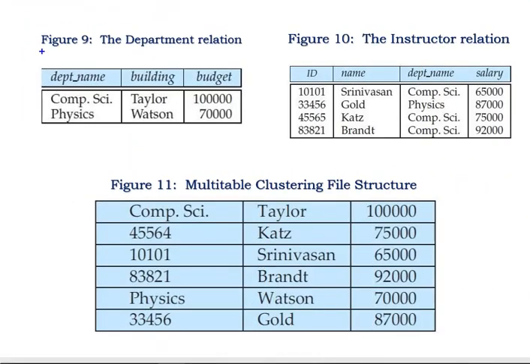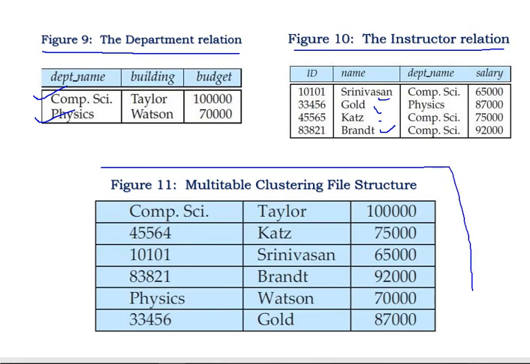Here we have two different relations, one is the department relation and the other is the instructor relation. In the department relation we have two departments, computer science and physics. And here we have some instructors from these two departments: Srinivasan, Gold, Katz and Brand. This is our multi-table clustering structure where we have organized our instructors as per their department.